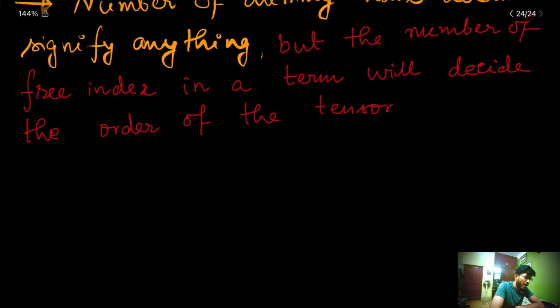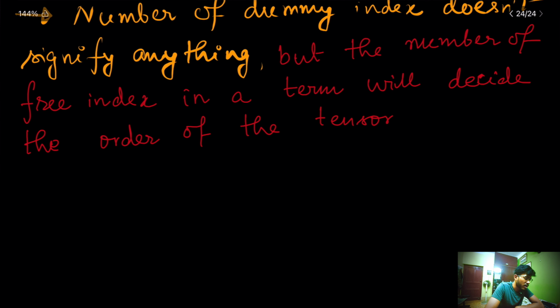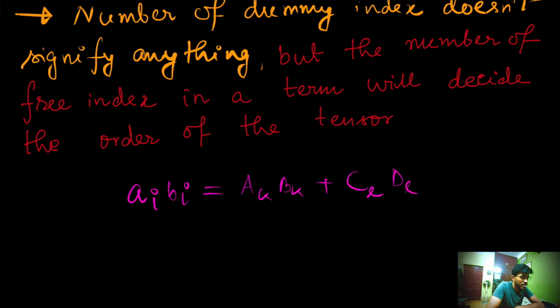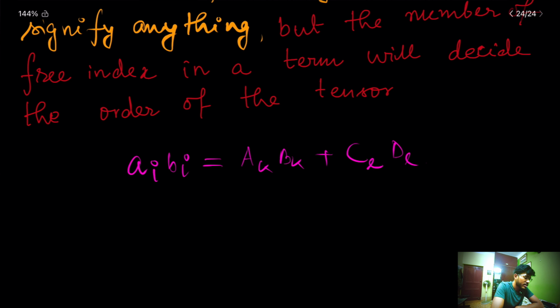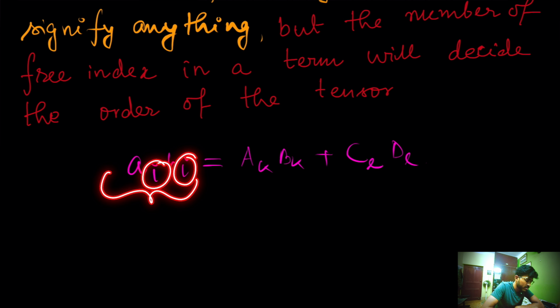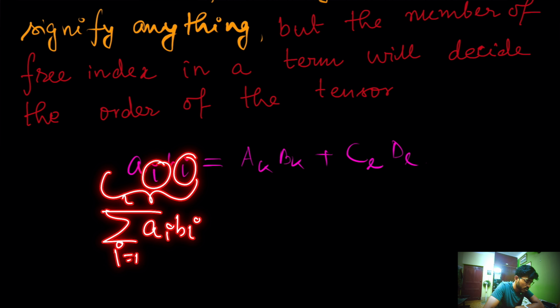I mean, I could have a separate term, like I can write AIBI is equal to, maybe I have some expression like AIBI is equal to capital AK capital BK plus capital CL plus capital DL. You see, these are the repeated indices, but ultimately this is nothing but summation of AIBI from I equals 1 to 3.